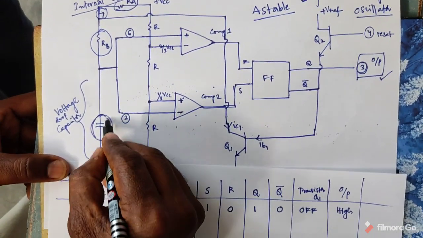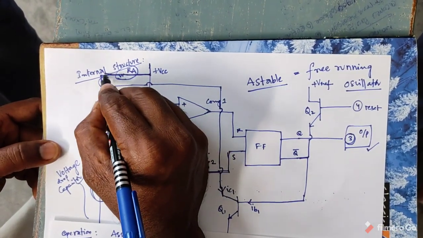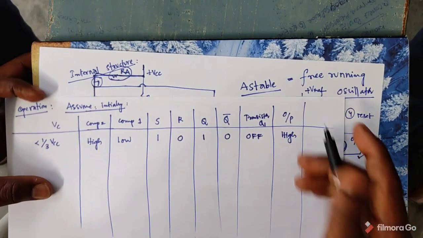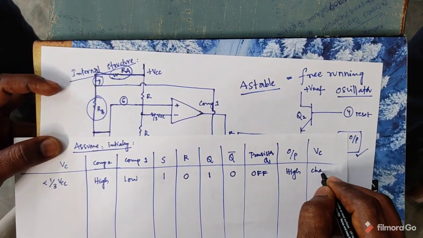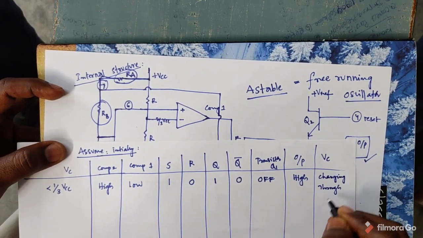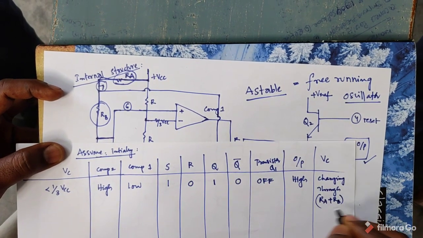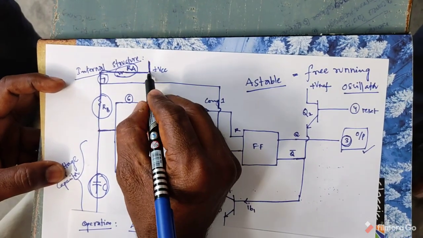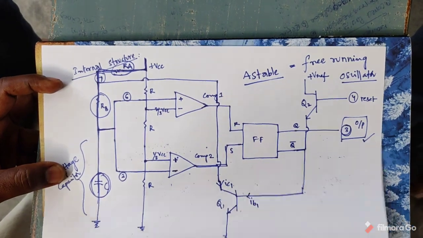That's why voltage drop across capacitor is charging from plus VCC through RA, RB and capacitor C. So that's why this voltage drop across capacitor is charging through RA plus RB into C. Through this we have 2 resistors and 1 capacitor. This is the actual path. Why? Because no current is passing in this direction. So that is the actual first condition.